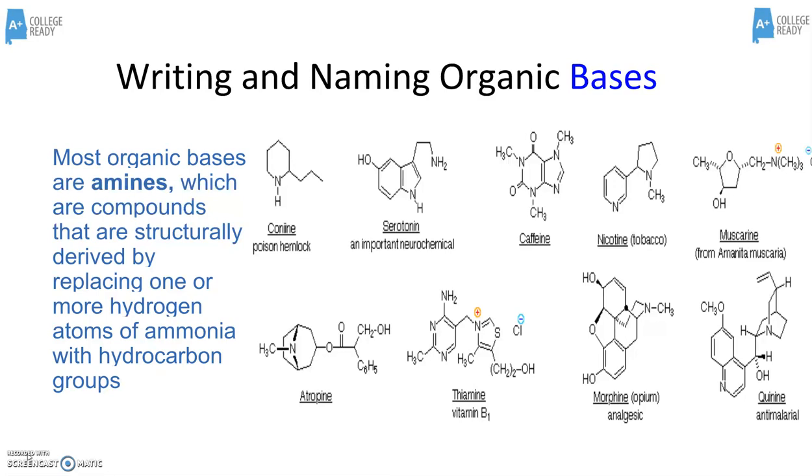That's in our body. It's an important neurotransmitter that makes us all feel very happy. And one of my complete favorites is right next to it, caffeine, which I have to have every morning to survive on. Then there are a few other examples just to give you an idea of where you're going to be headed after you take your freshman chemistry class in college. You'll be taking organic chemistry.